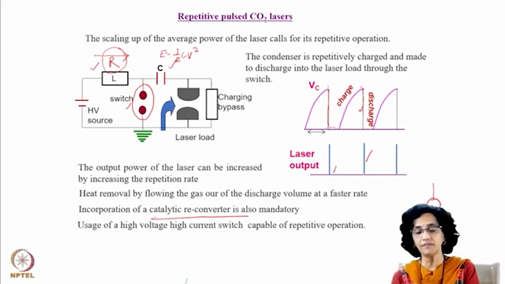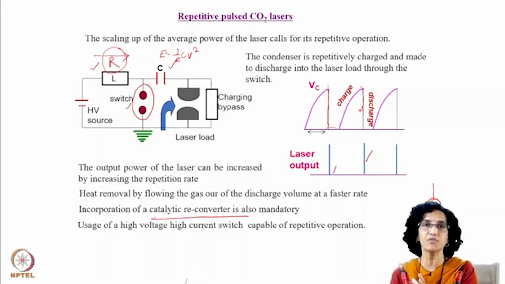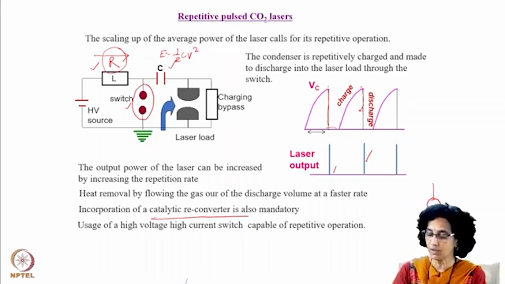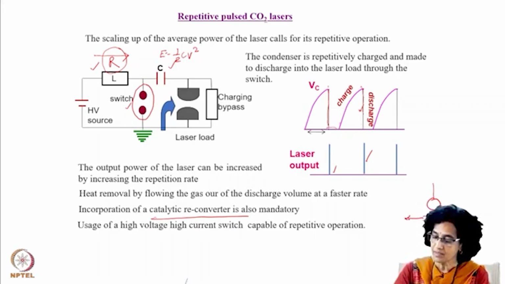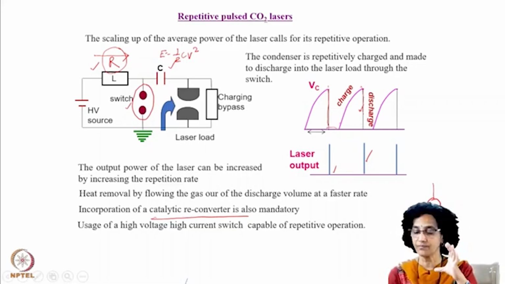And therefore, for repetitive operation, the switch has to recover. The recovery of a spark gap is difficult because these species have to move out of this zone. Only when they move out of the zone will it again become capable of holding that same voltage.